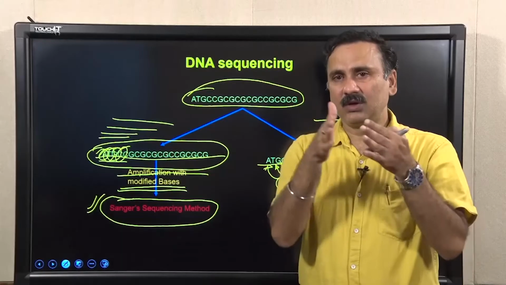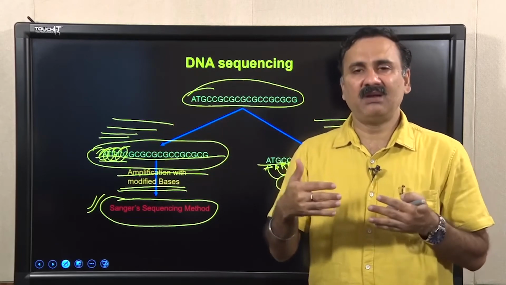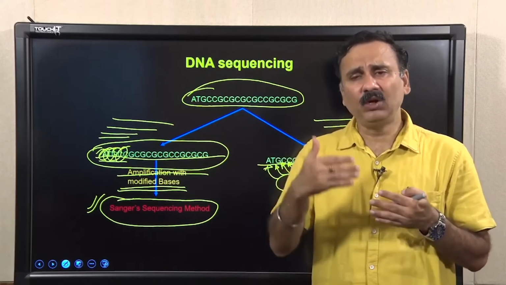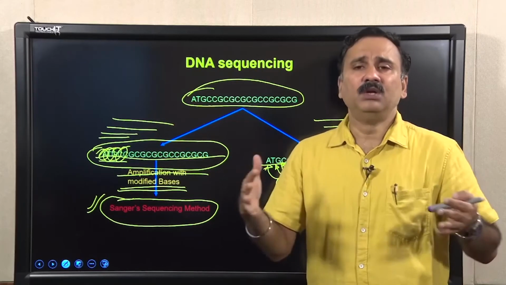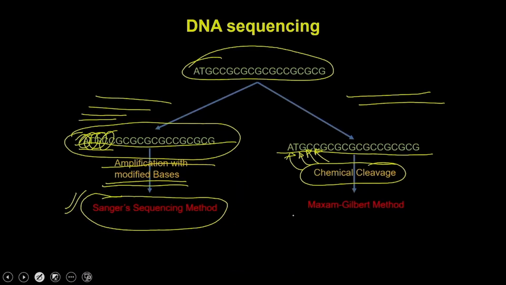So, you are going to get DNA of different lengths, and all these lengths can be analyzed, and depending on the pattern you can deduce the sequence. This method was discovered by Maxam and Gilbert, and that is why it is called the Maxam-Gilbert method.